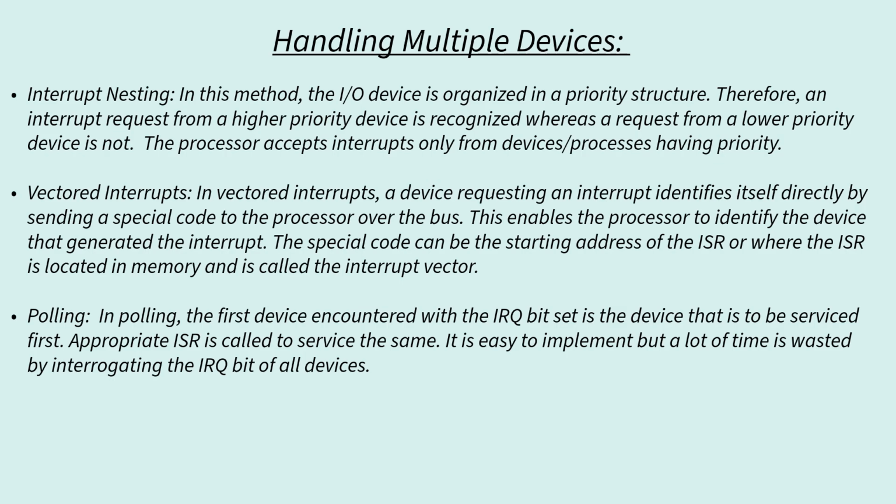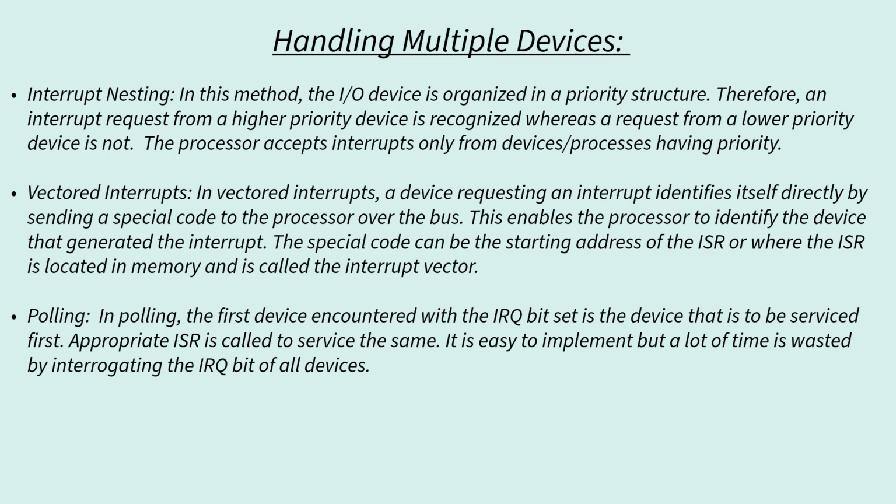Okay, then sometimes what happens is there are vectored interrupts as well. A device requesting an interrupt identifies itself directly by sending a special code to the processor over the bus. This enables the processor to identify the device that generated that interrupt. The other way is polling. In polling, the first device encountered with the interrupt bit set is to be serviced first.